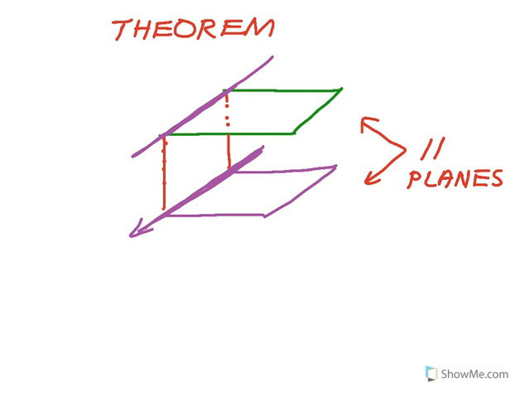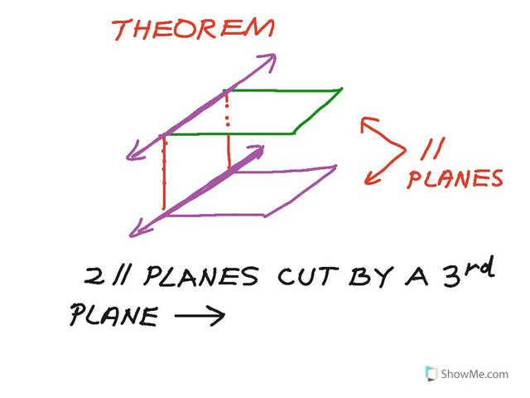Well, those two lines, the lines of intersection of the planes, are parallel themselves. So the theorem is that if I have two parallel planes that are cut by a third plane, then the lines of intersection are parallel. Let's see. This is the lines of intersection.